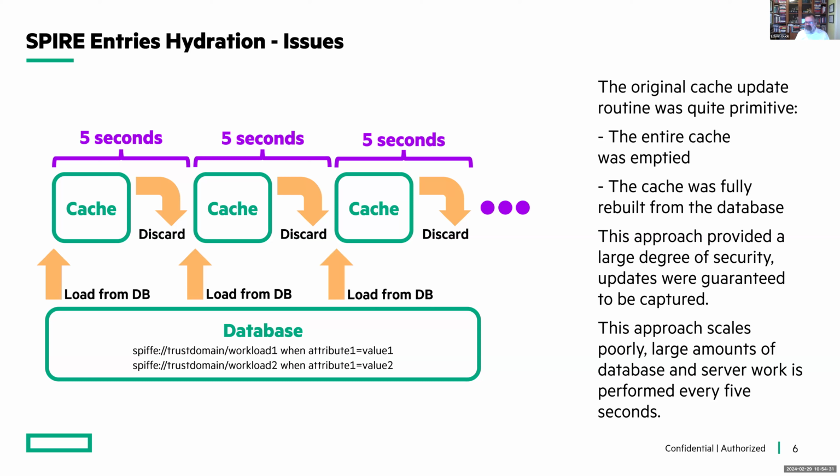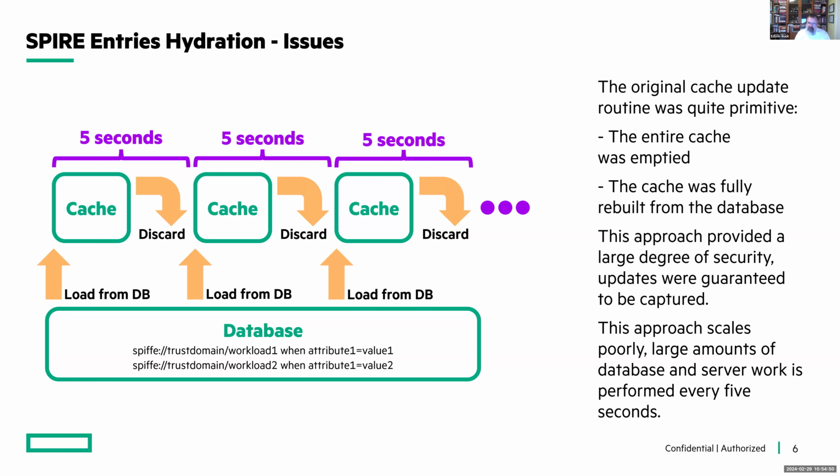So it was something that everybody wanted to fix at some point in time, but until you had enough of the larger installations complaining about it and causing performance issues, it wasn't going to get fixed.